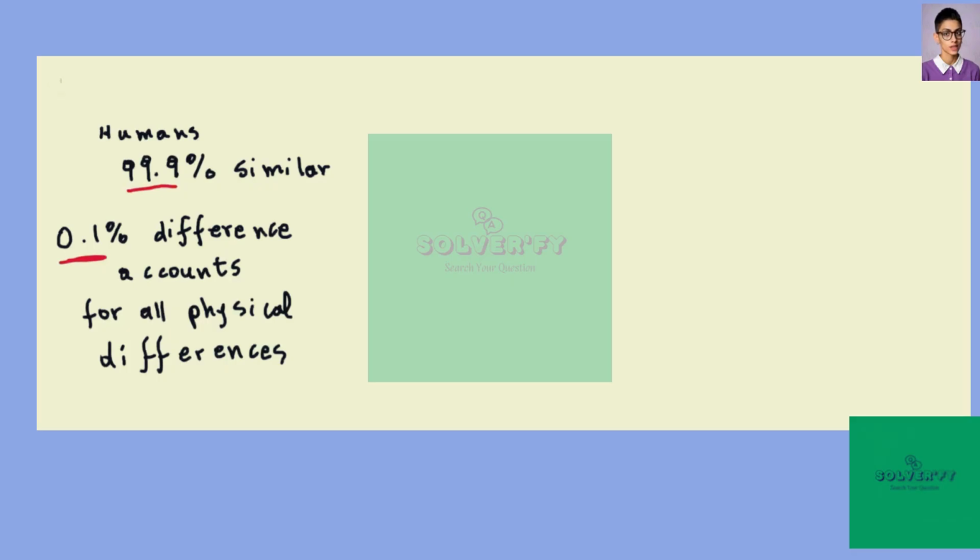For example, suppose that we are looking at a species and we see 99.99% similarity. That means that there is very low diversity in the genetic makeup of this species. That means that they are going to have inbreeding problems.